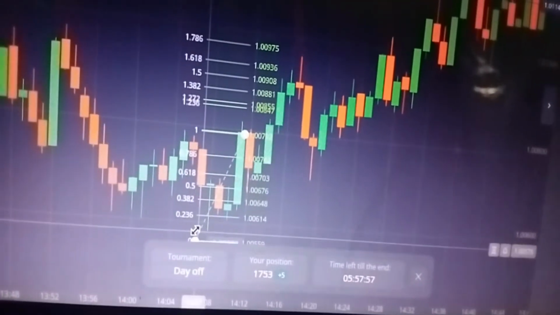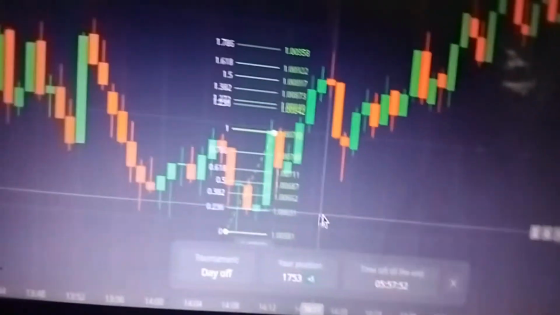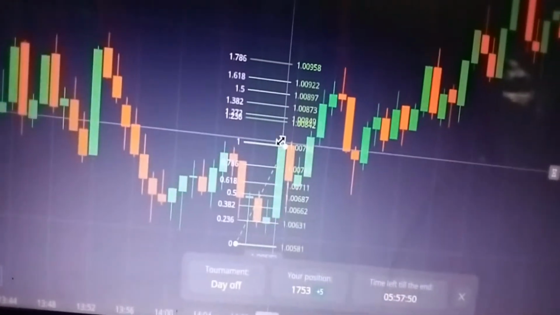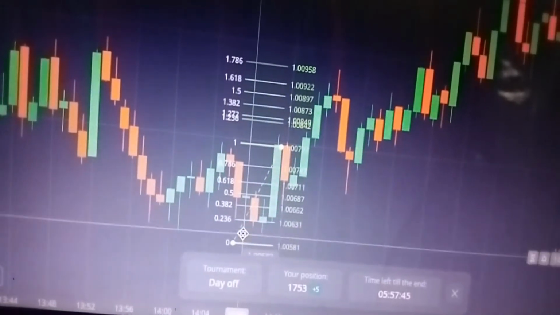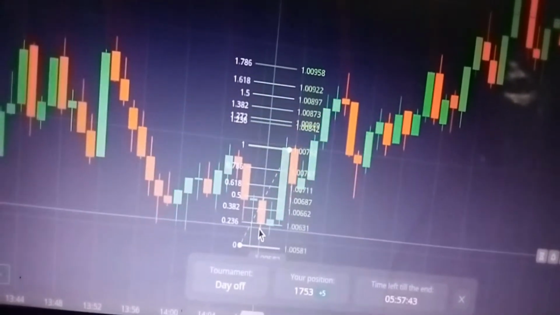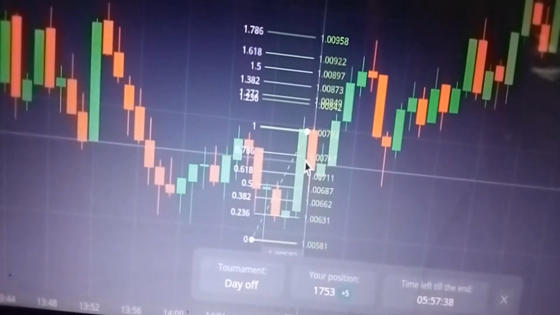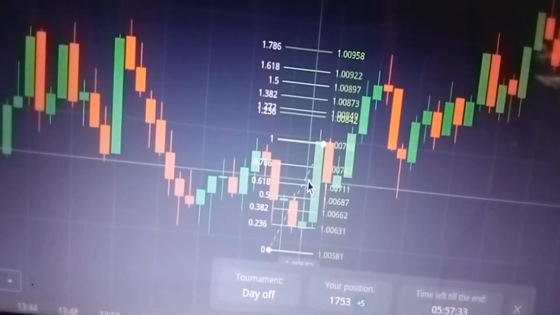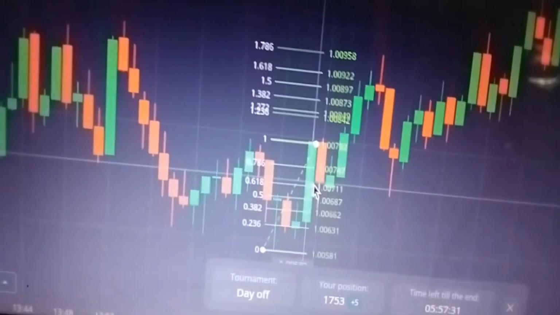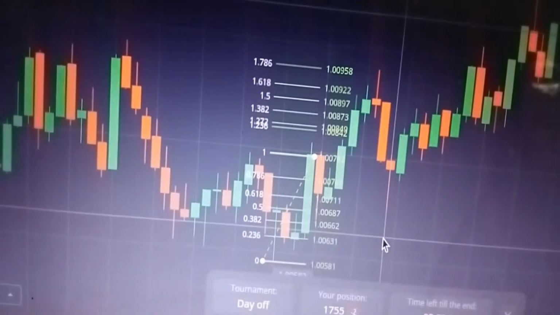So as you can see, from that low to this high, we broke the downside, but we didn't close with the body down there. But right there at 50% and 61.8 to 78.6%, price should have left that area to the downside, but that didn't happen.